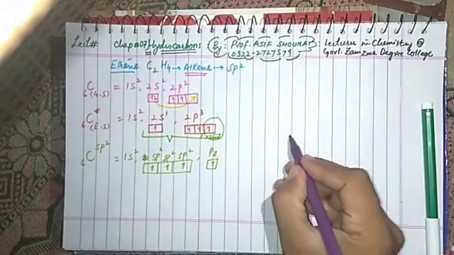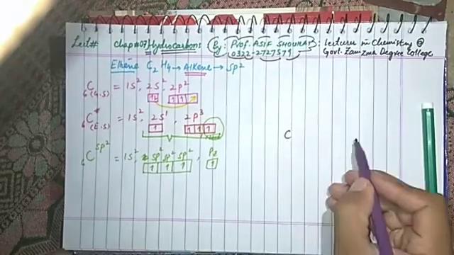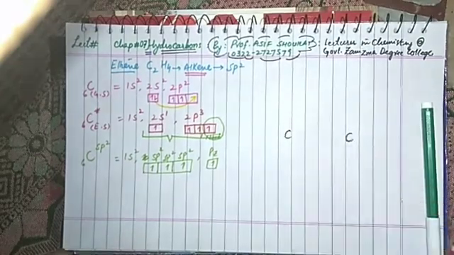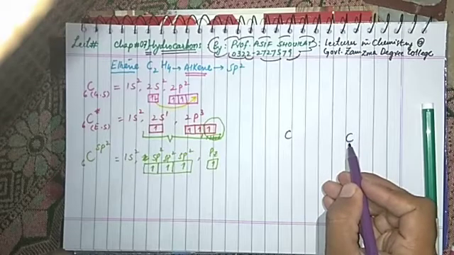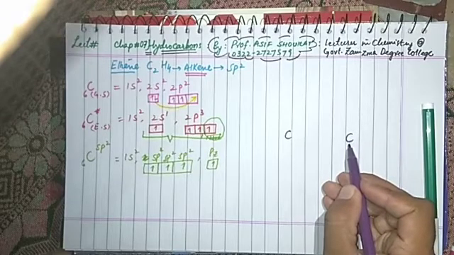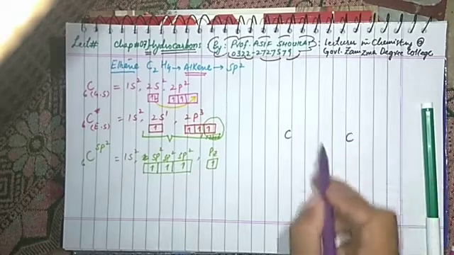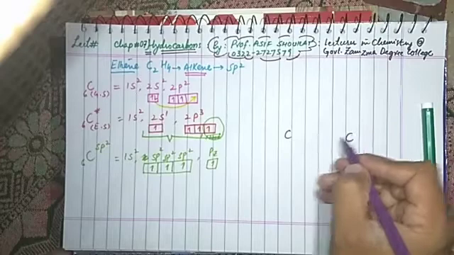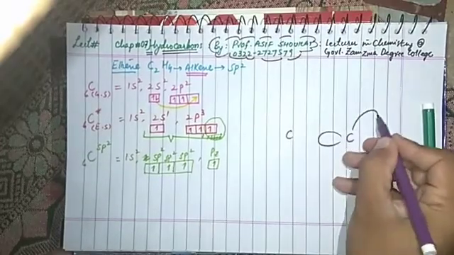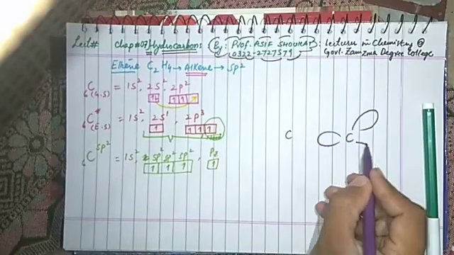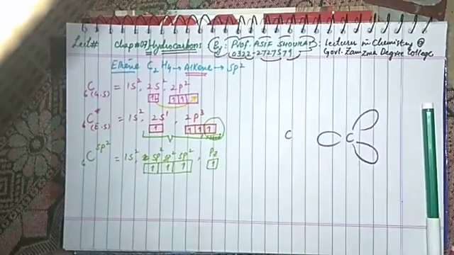Now I am going to draw the possible shape of ethene molecule. This one is one carbon, this one is another carbon. This carbon contains 3 hybrid and 1 unhybrid orbital. Students, hybrid orbital always is present on the plane. This one is the plane at which these 3 hybrid orbitals are there.